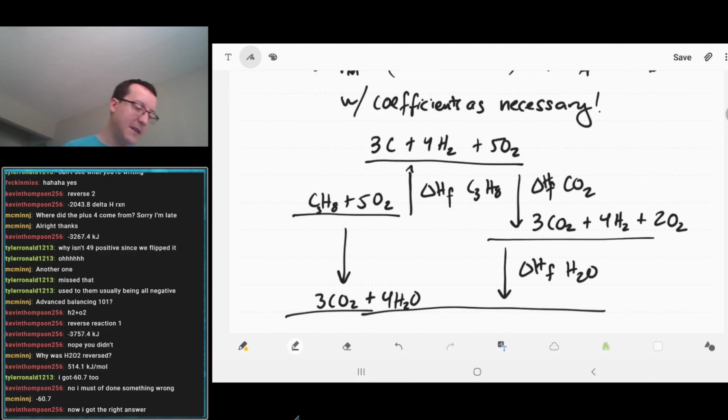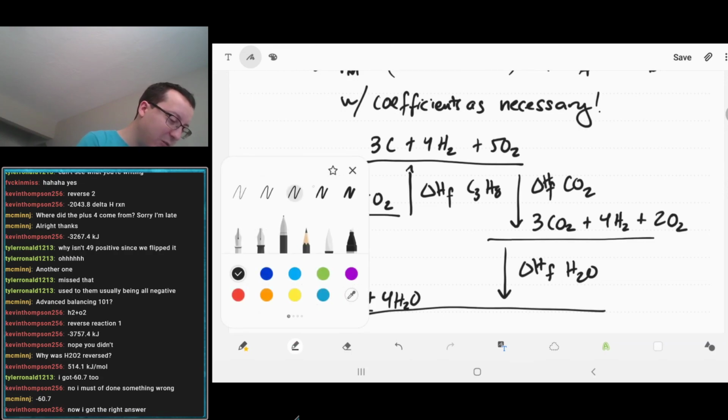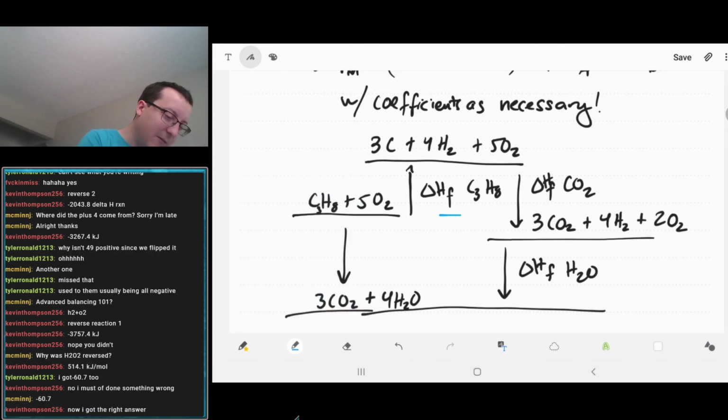And so notice that we had to flip the arrow for breaking this guy down, because this is a reactant, right? Notice for oxygen, nobody cares. So this is essentially the pathway we're going to figure out this delta H reaction.